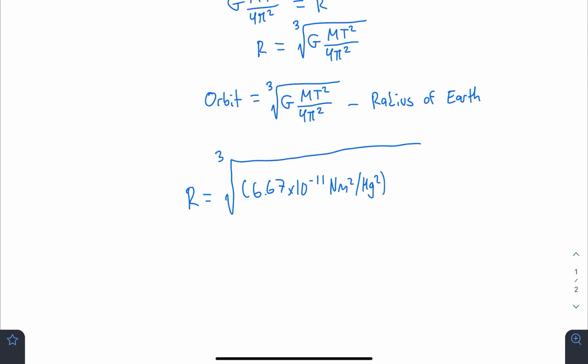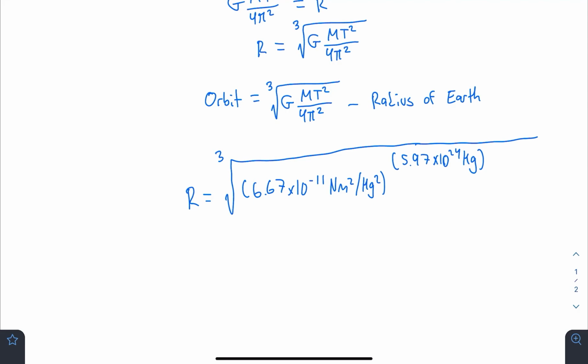So that's our gravitational constant right there, 6.67 times 10 to the negative 11th. And then we've got the mass of the Earth, which is 5.97 times 10 to the 24 kilograms. And we've got the amount of time it takes, which we know is 24 hours.